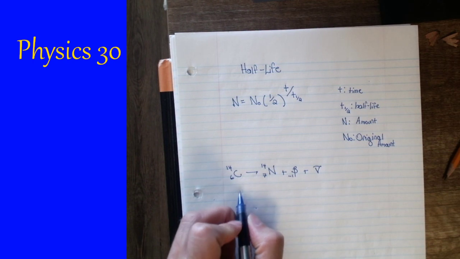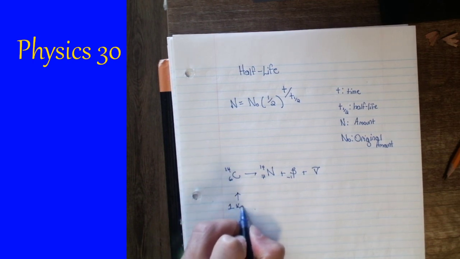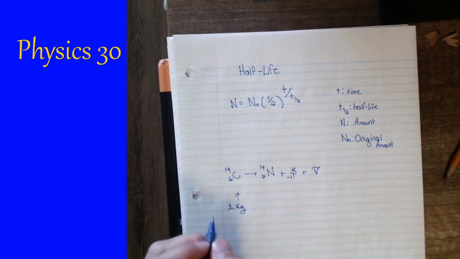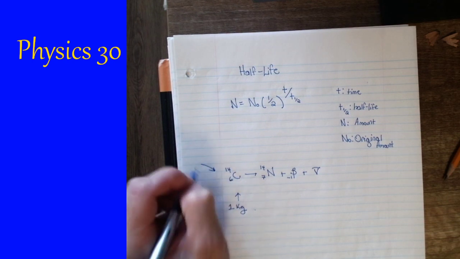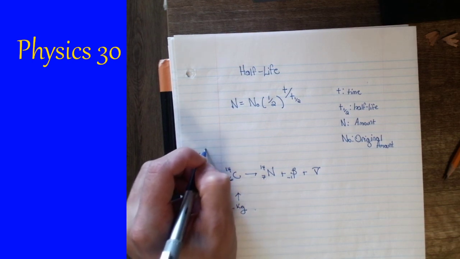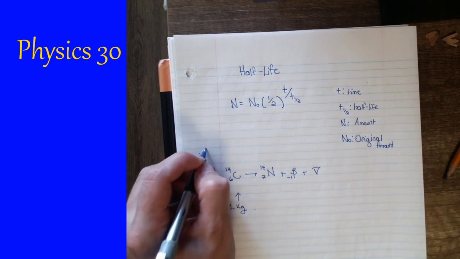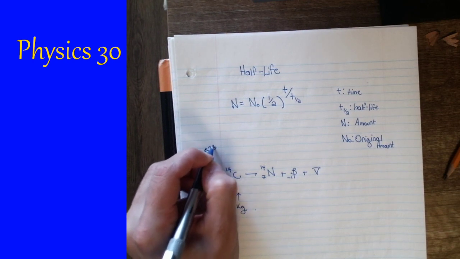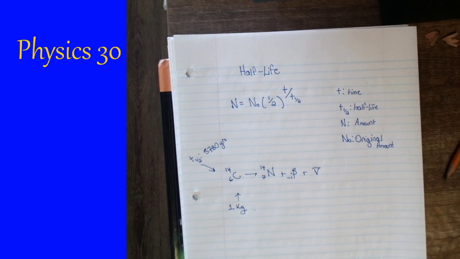So for example, let's say you started with 1 kilogram of carbon-14. The half-life of carbon-14, I believe, is 5,780 years. I'm going to double check that.